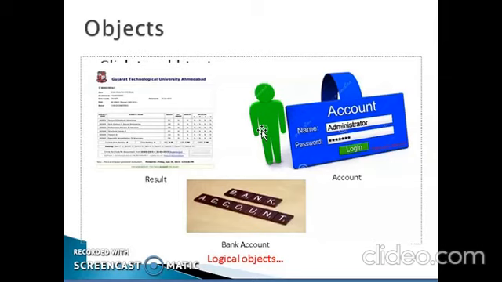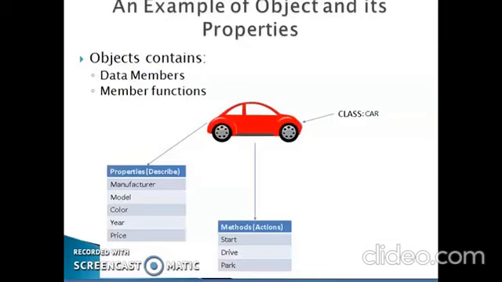I write many functions to solve my problem, which are executed in a sequential fashion. Whereas if I am using an object-oriented approach, like C++, then I will solve that problem using the concept of objects. So there might be n such cars, and one of the cars out of those n cars refers to an object. And all the n cars belong to the class car. Is it understandable?